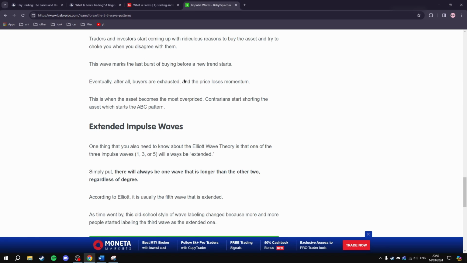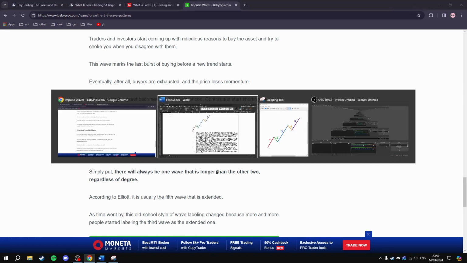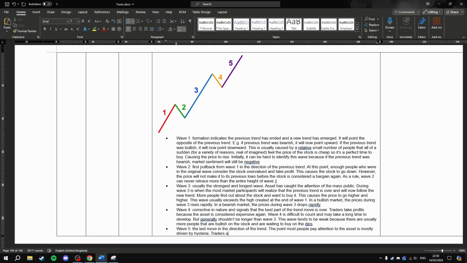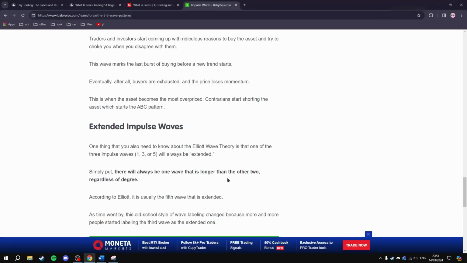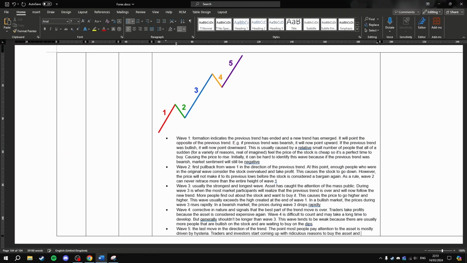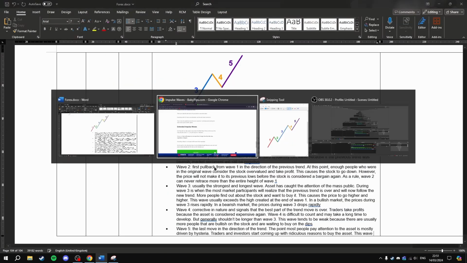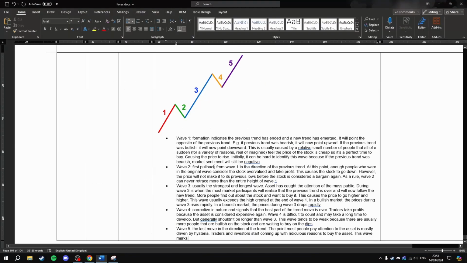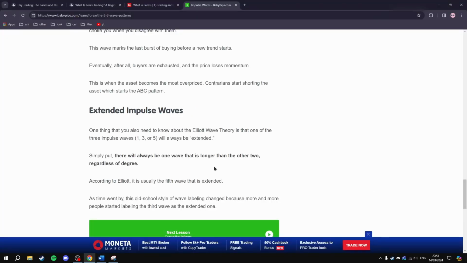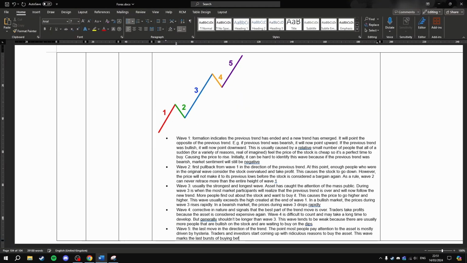This wave marks the last burst of buying before a new trend starts.